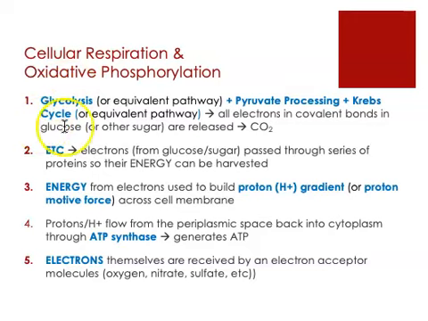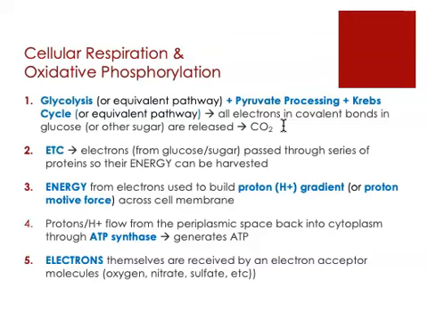And when all of those bonds are broken down and all of the electrons released, what we'll be left with is carbon dioxide. So from glucose to carbon dioxide, it's glycolysis, followed by pyruvate processing, followed by the Krebs cycle.